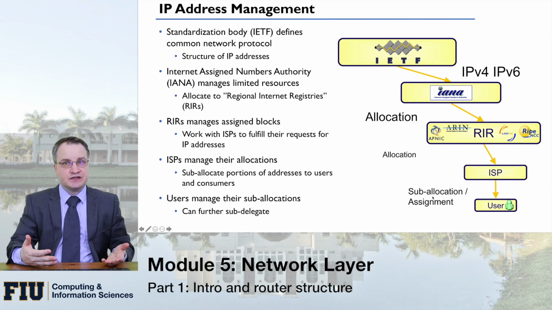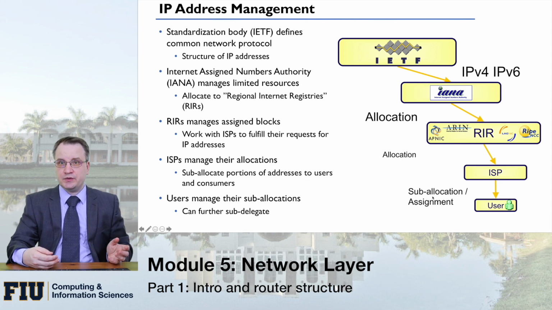But IANA does not talk directly to the customer, so you cannot as a user or ISP go to IANA and ask for IP addresses. Rather, IANA delegates this function to regional internet registries, or RIRs, and there are several of them for different continents.